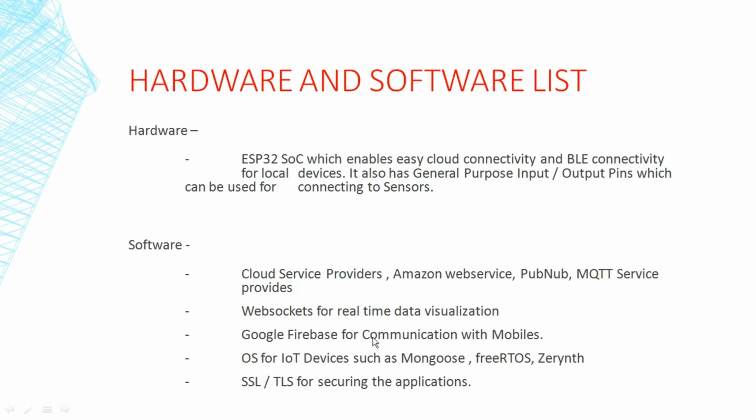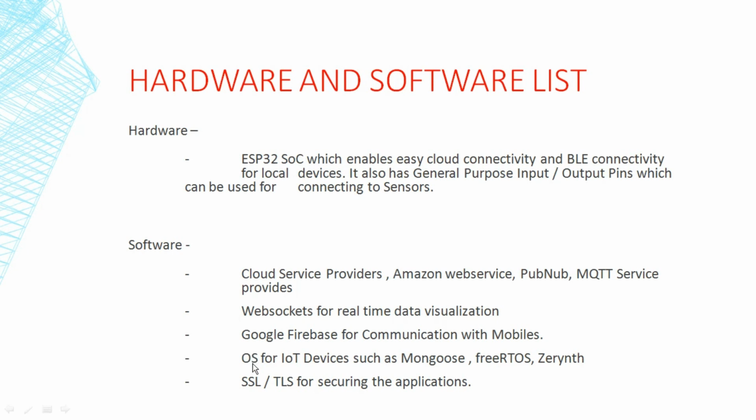The Google Firebase services for communications with mobile OS. For IoT devices, such as Mongoose OS, FreeRTOS, Zerynth. These are some of the real-time operating systems which are very popular for developing commercial grade hardware, the firmware to be used in the hardware devices.